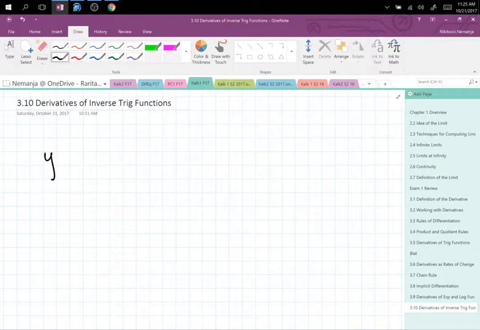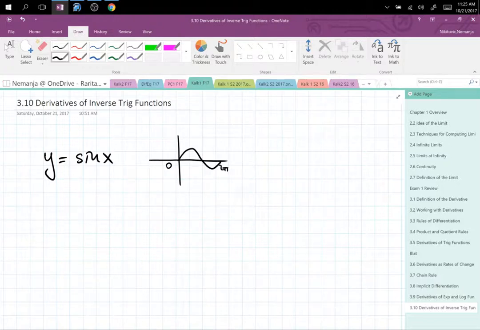If you recall, y is equal to sine x, if you draw just 1 period of sine, that was the function. And it's actually on the infinite domain, so it's an infinite wave going on. And now you take the inverse.